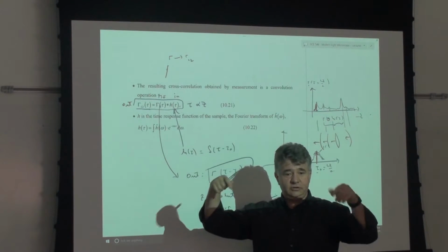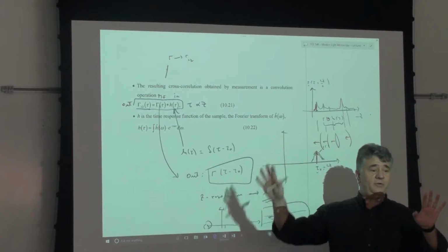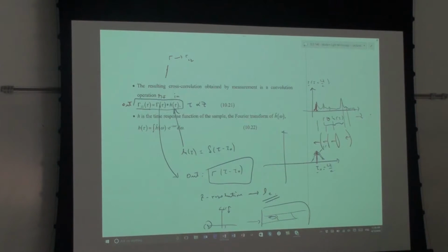But if they're not identical, you have to revert to the aberrated interferometer where you have actually gamma 1, 2. And on top of that, put the object. And what we calculated is that gamma 1, 2 is actually gamma, the autocorrelation, so you can call it gamma 1, 1, convolved with e to the i tau squared over 2 beta 2 L, the group velocity dispersion term.